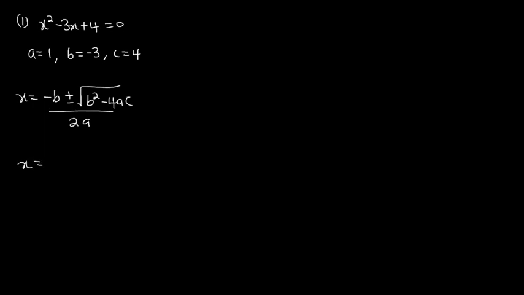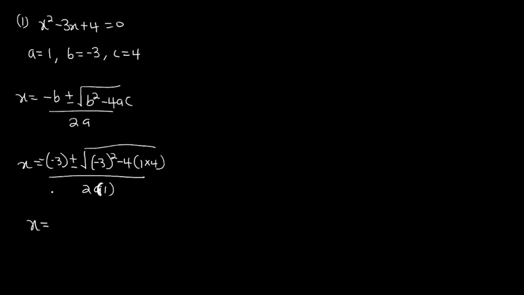So it means that I have minus b, which is minus 3, plus or minus the root of minus 3 squared minus 4 into bracket 1 multiplied by 4, all over 2a, and the a in this case is 1.